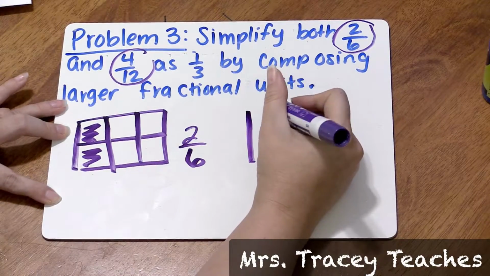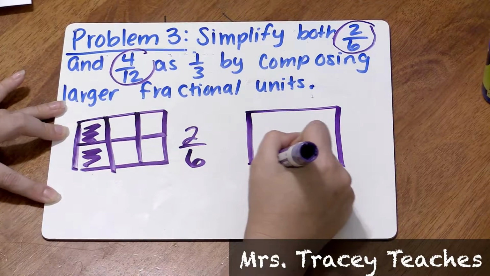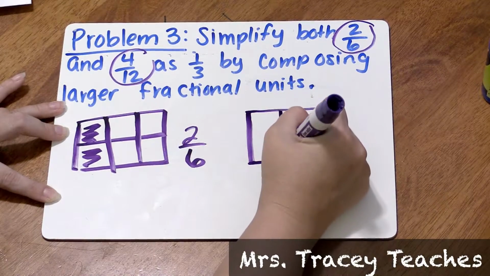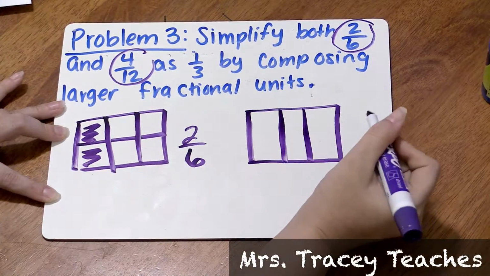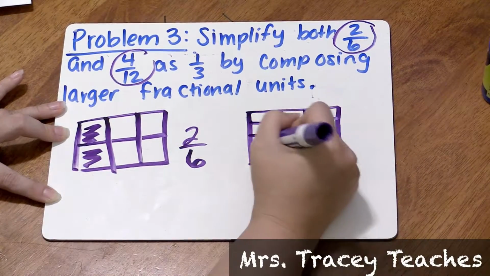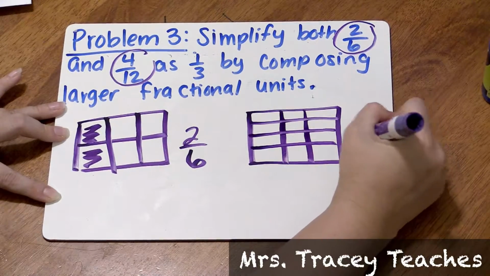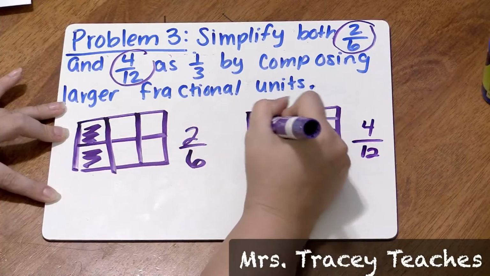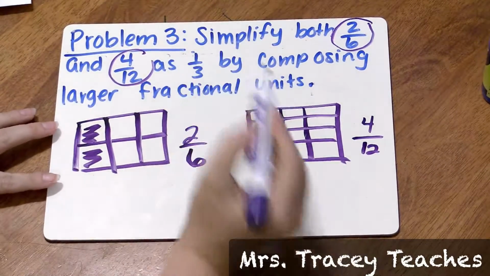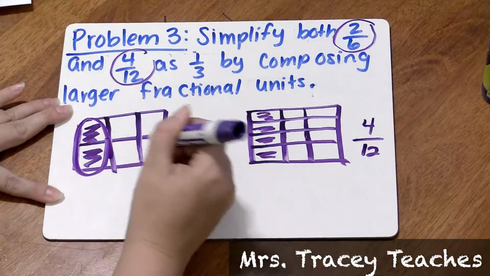If I want to have 4/12, I am going to also make it in 3s, with 1, 2, 3 lines. And so now I have 4 out of 12, 1, 2, 3, 4. And we're going to say that is the same as 1/3 by circling it. So if I have, how many groups of 2?